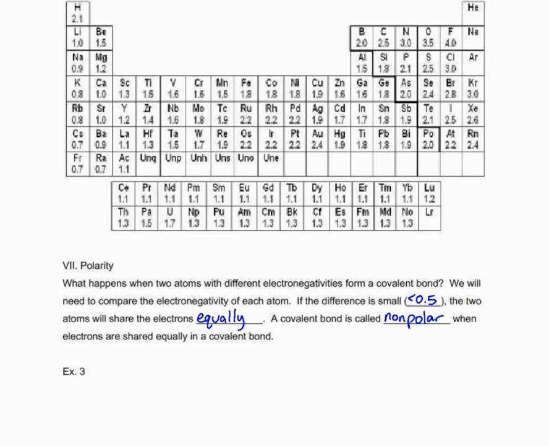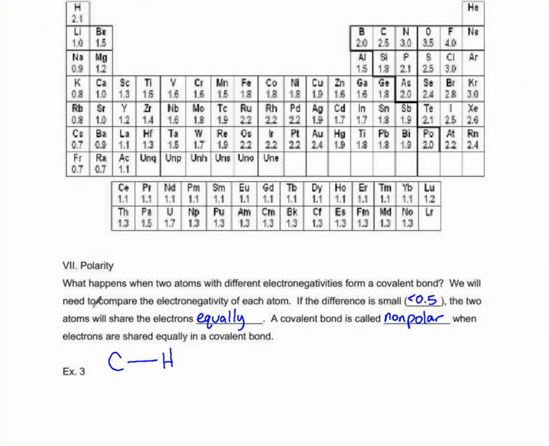So let's look at just a few examples here. So for instance, when carbon and hydrogen form a covalent bond, and here I'm just representing one bond between the two atoms. It's likely that there would be other stuff going on in a molecule, but we're just looking at these two elements and this particular bond.